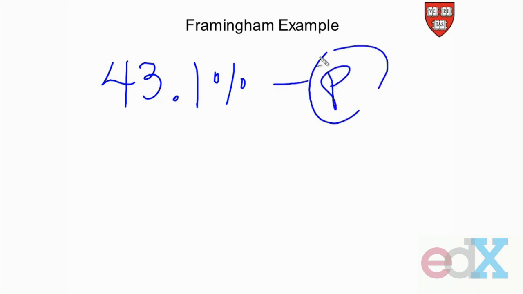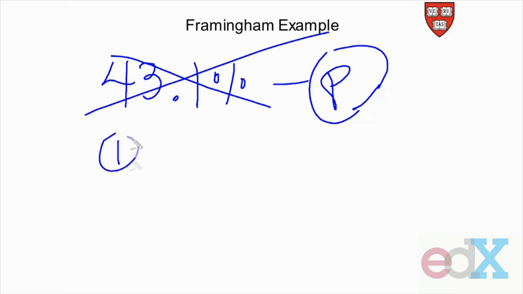Now, in the original Framingham dataset, because this is a contrived example, I know that the true prevalence of high cholesterol at baseline was 43.1%, where I'm defining high cholesterol as greater than 240 milligrams per deciliter. Now, we're going to try to estimate P using only the people who came back to retest, assuming that we didn't have this information, with 3 different scenarios.